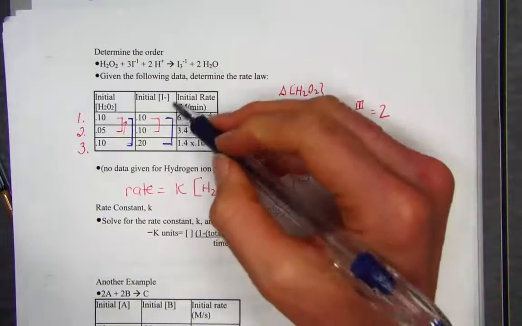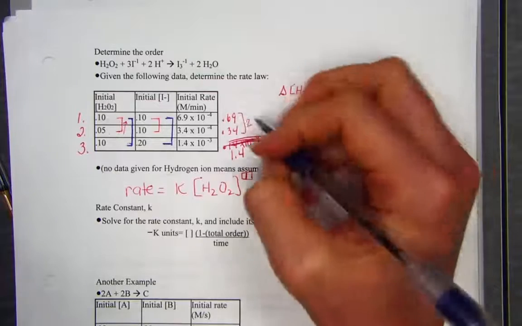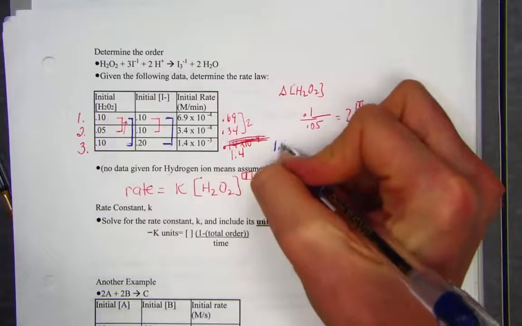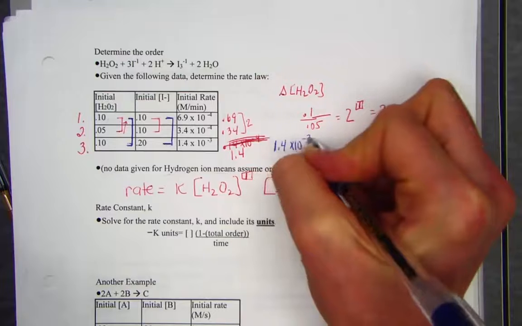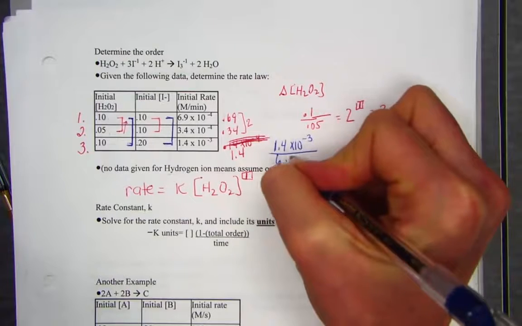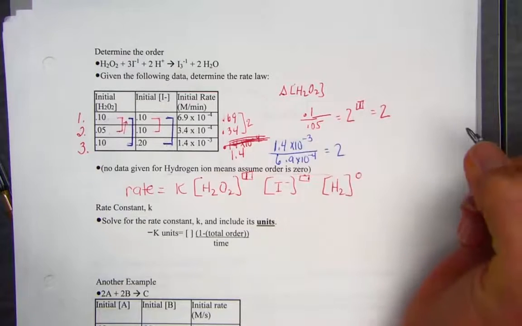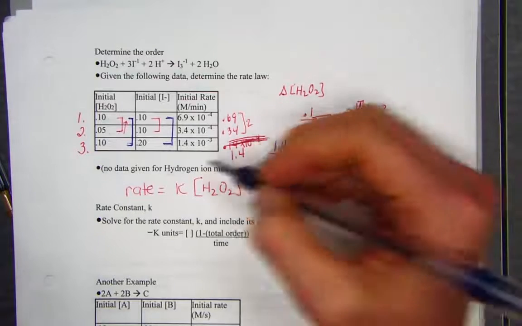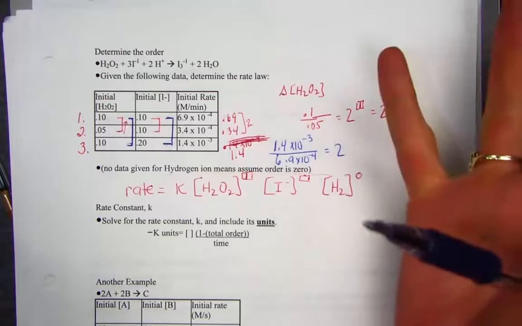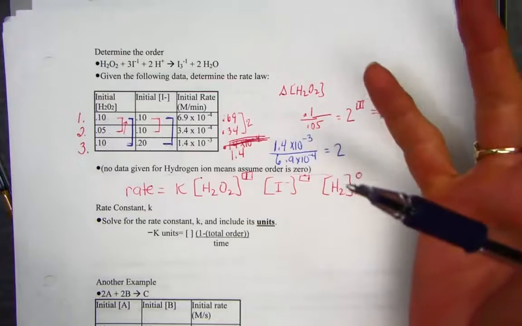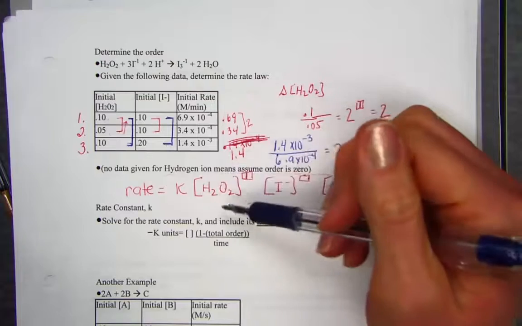Doubling the rate of iodide, and again, you could hit this on your calculator, 1.4 times 10 to the negative 3 over 6.9 times 10 to the negative 4 is pretty darn close to 2. You don't have to slide decimals. I'm just offering that as perhaps an easier way to look at these numbers. If your mind can think small decimals, great.